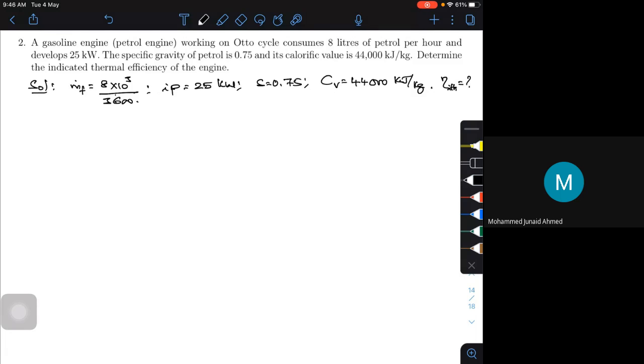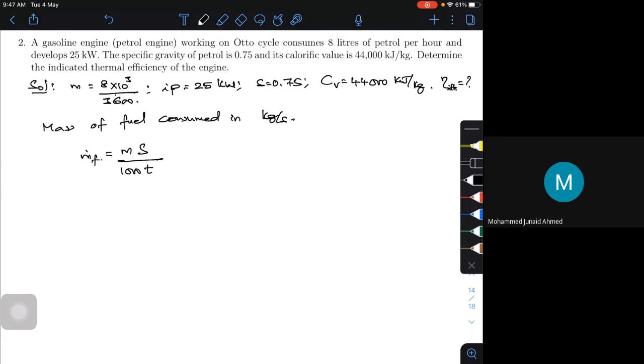The mass of fuel consumed in kg per second, m dot, is m into specific gravity divided by 1000 for converting cc to liter and kg, into the time, that is 3,600 because I want it in seconds.